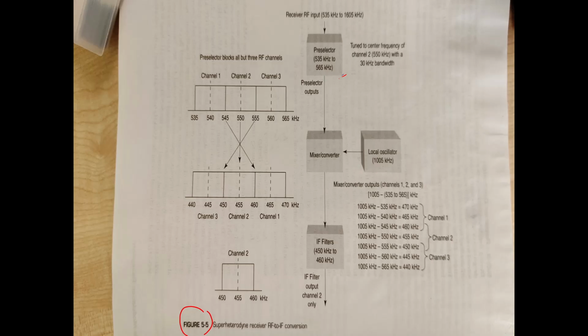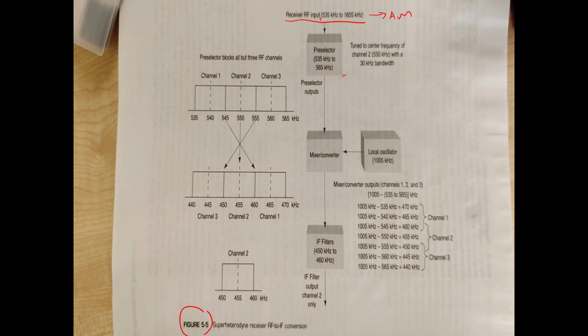You see that from the input to the RF section, which is the input to the preselector, from the antenna we receive this frequency band. This is actually referring to the AM frequency band, the one that I explained previously.